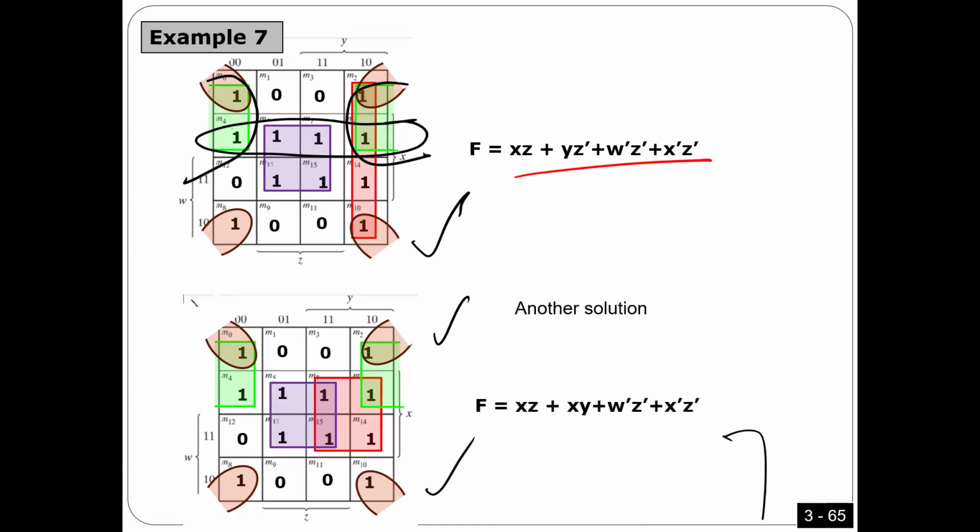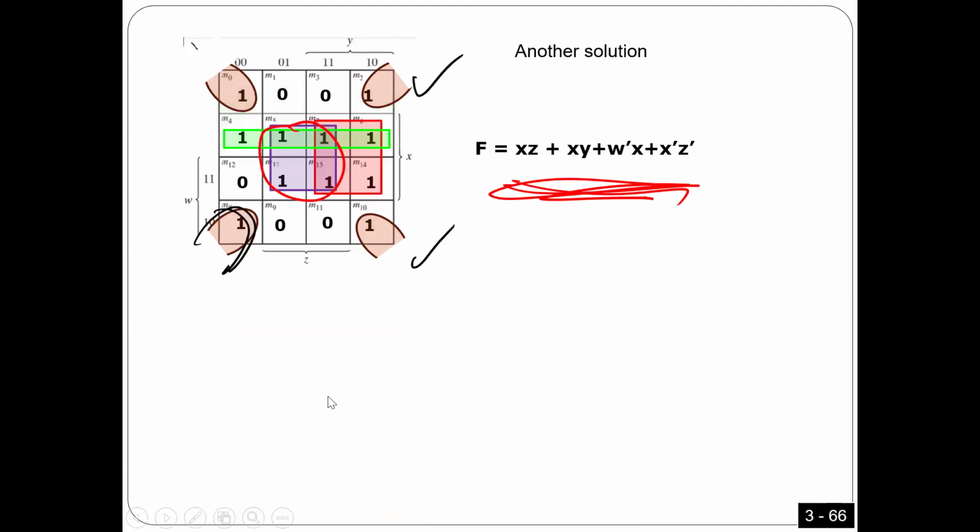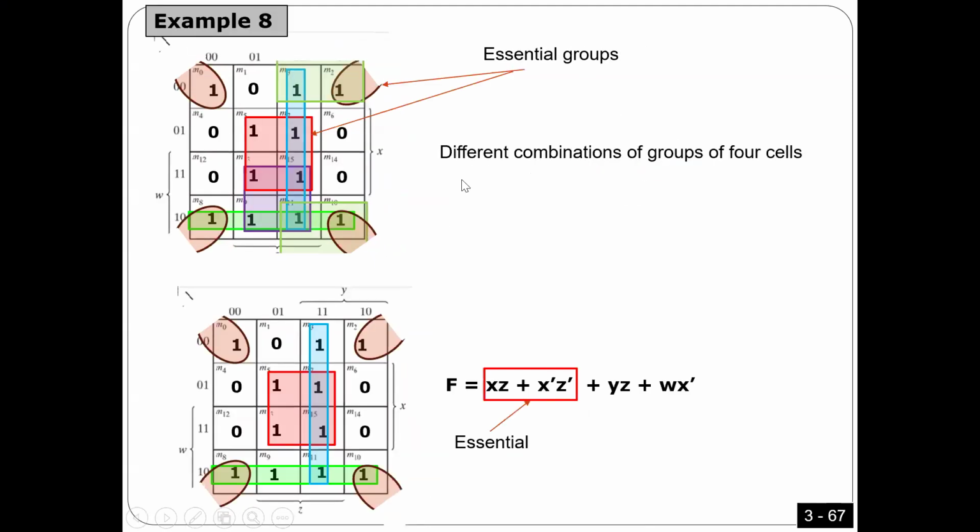But for some groups, in order to cover this one here, I can make 4 this way, or I can make 4 this way. This is 4 and this is 4. That's why this created 2 different groups. Anyway, let's have example number 8. It's also somewhat complicated.